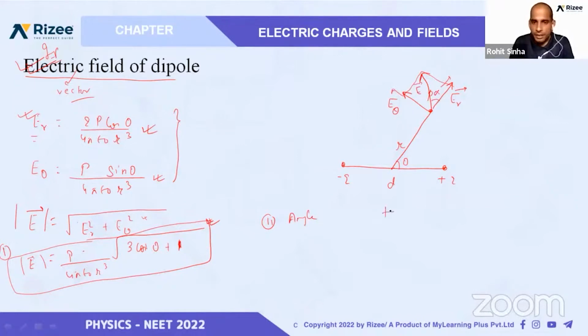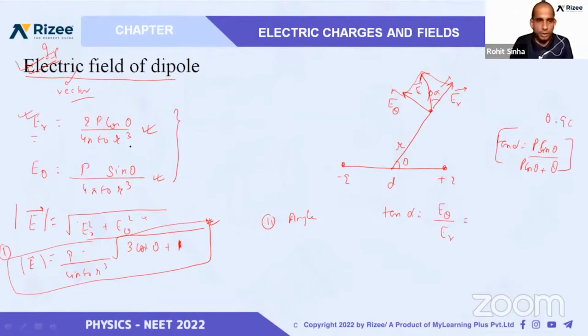By vector addition, tan alpha is equal to this formula. Similarly, we will use E theta by ER. Since they are mutually perpendicular, we put the angle equal to 90 degrees. We will get this formula.